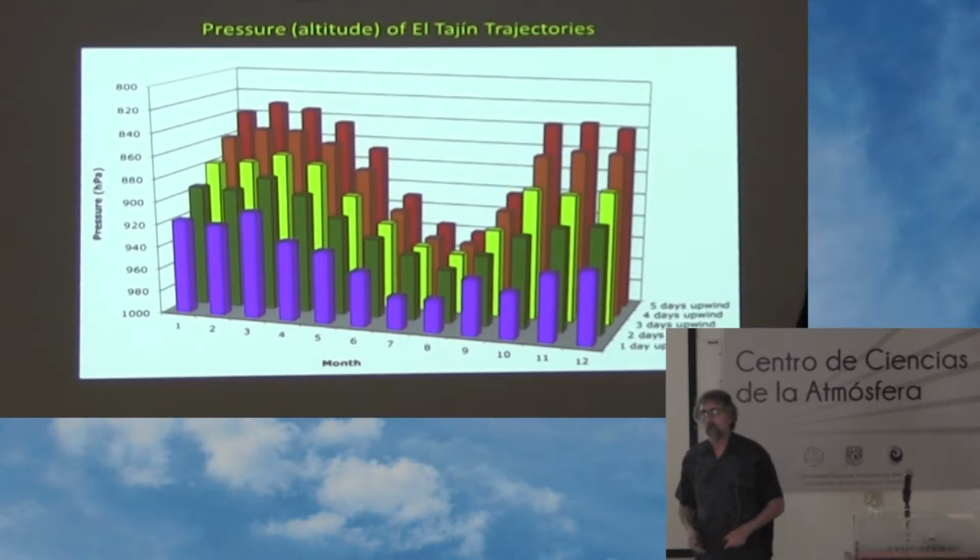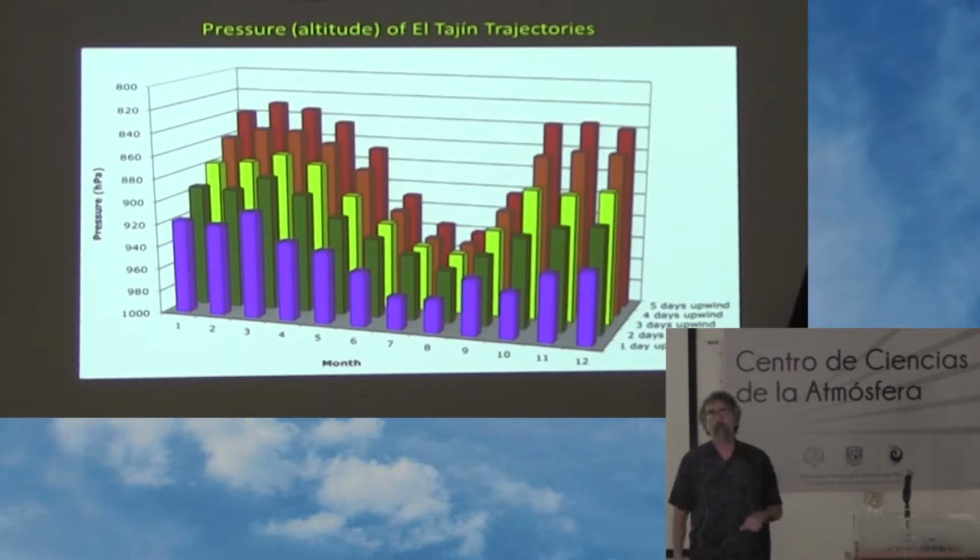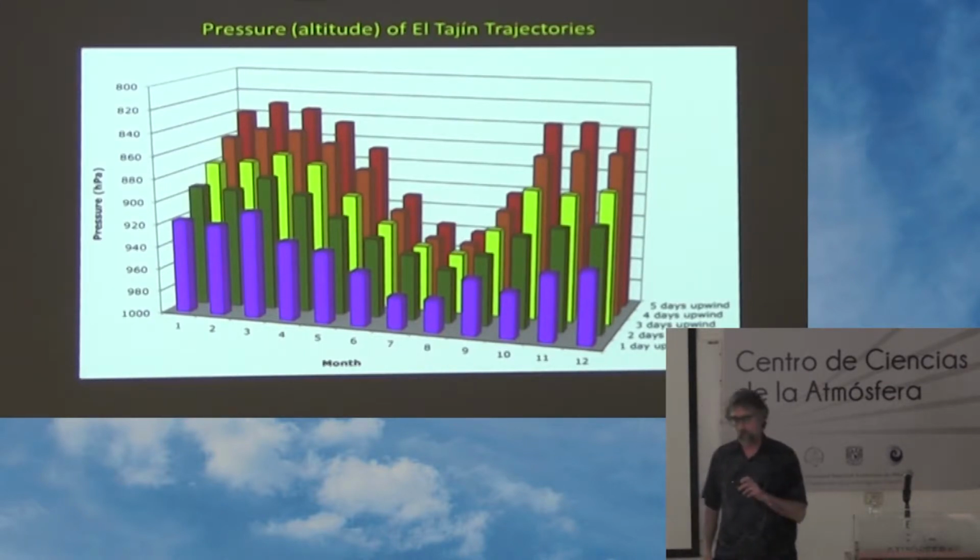Okay, so there are contributions from sources to the north, but the contributions are smaller in magnitude than the contributions from the sources to the east. And the altitudes tell us that. Okay.